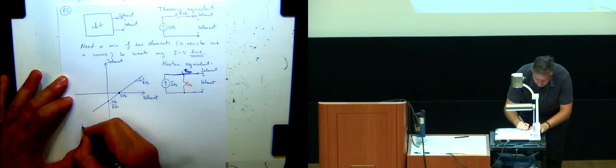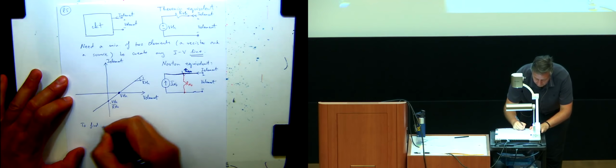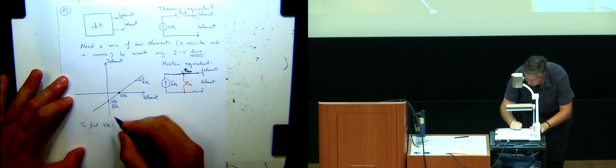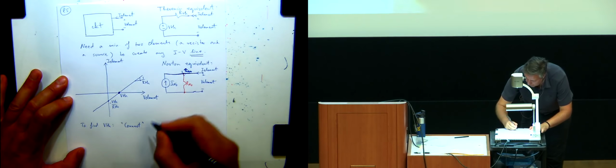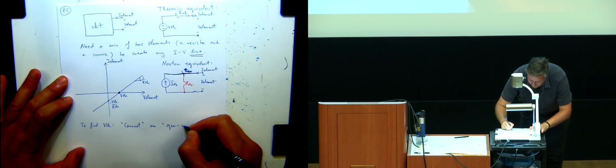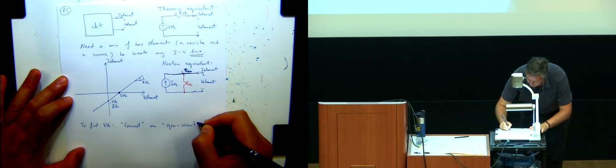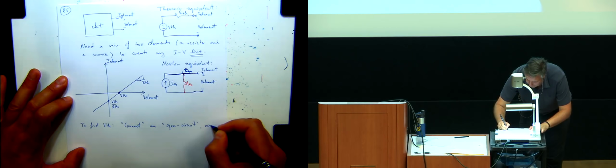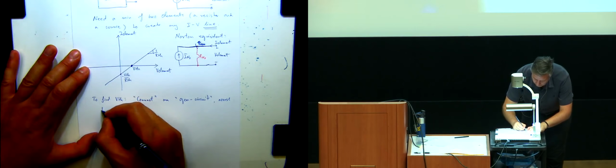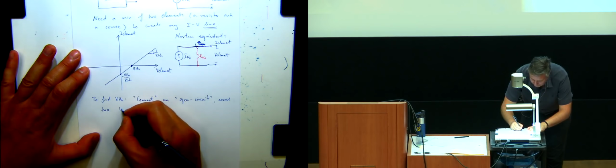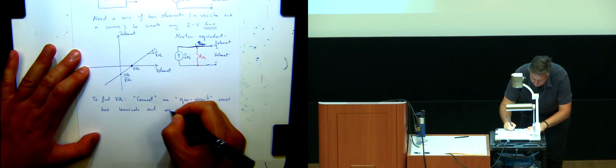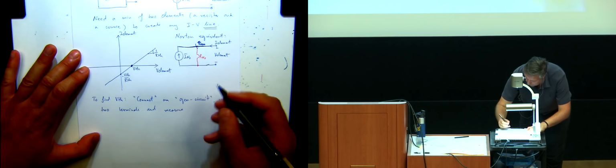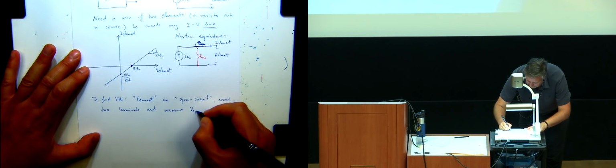So to find V Thevenin, we're going to connect an open circuit across 2 terminals and measure the open circuit voltage.